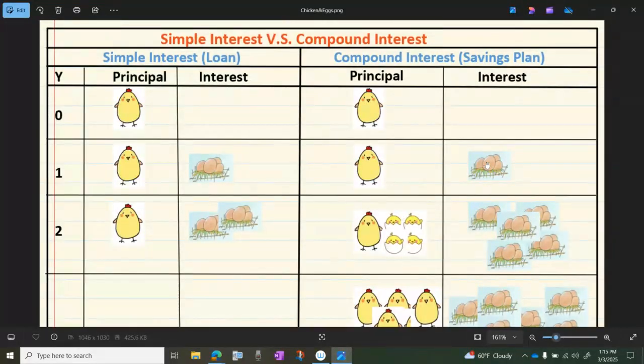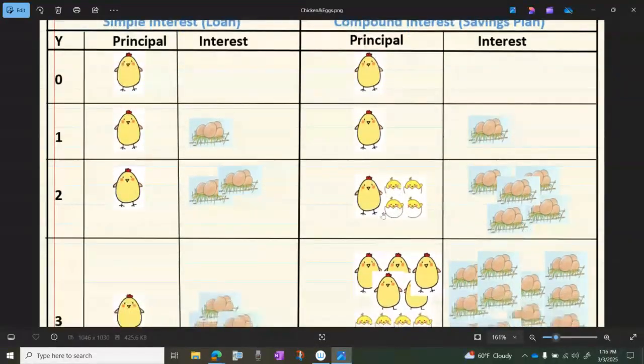So let's say those 4x are taken good care of, and turn into chickens at the beginning of year 2. Then at the beginning of year 2, you do not just have one chicken, you have 1, 2, 3, 4, 5. You have 5 chickens. And remember, each chicken gives you 4 eggs every year.